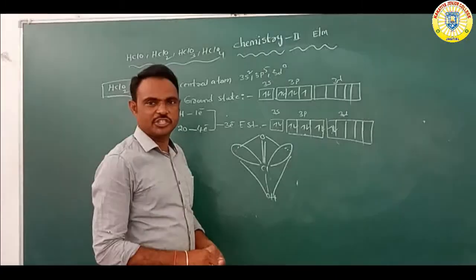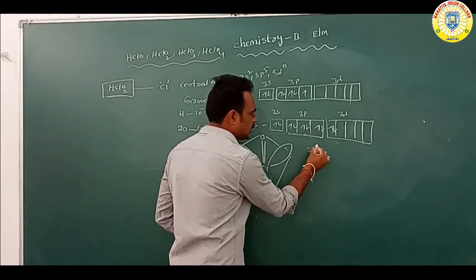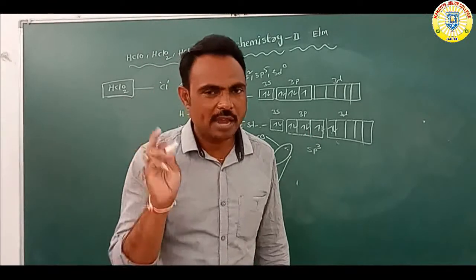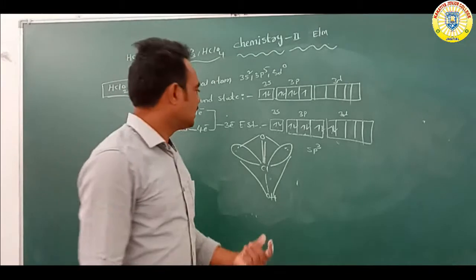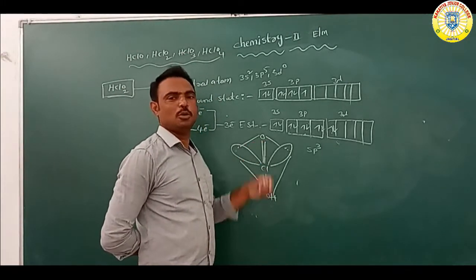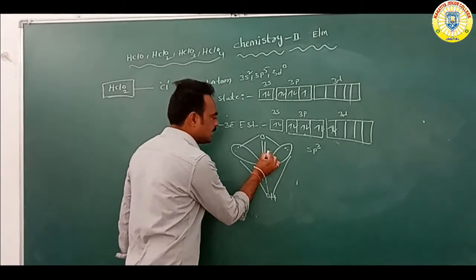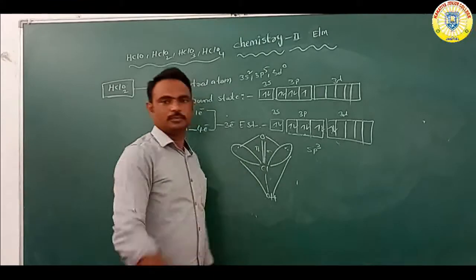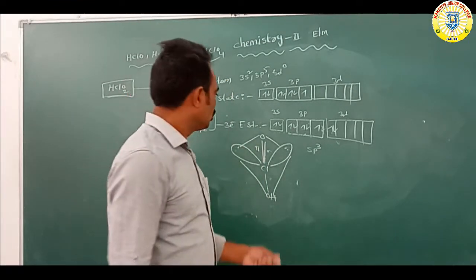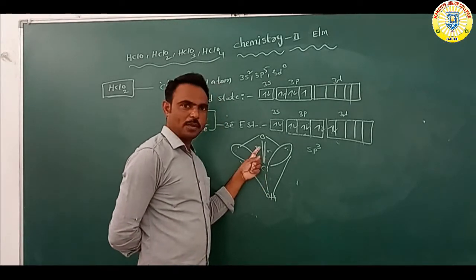What is the hybridization? It is sp3 hybridization, not sp3d1, because chlorine is attached to oxygen with a double bond. In this double bond there is one sigma bond and one pi bond. So overall, 2 sigma bonds and one pi bond.